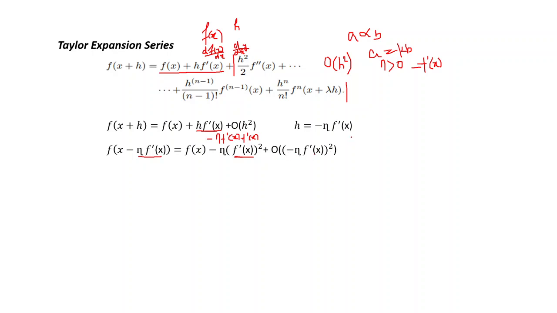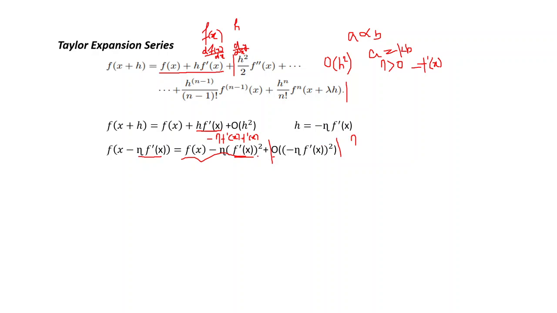Now if we choose a very small eta, we can ignore these higher order terms. This is going to have a very small value which can be easily neglected. So now if we just consider this part, we have considered eta to be greater than 0, and now we are taking the square of f prime x.